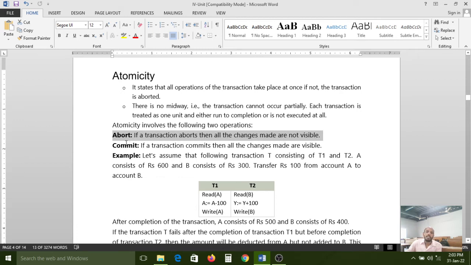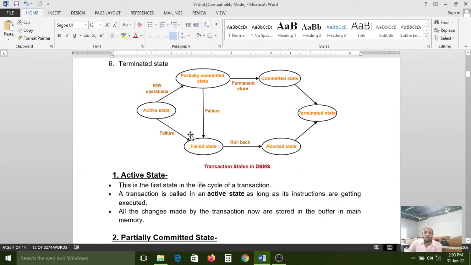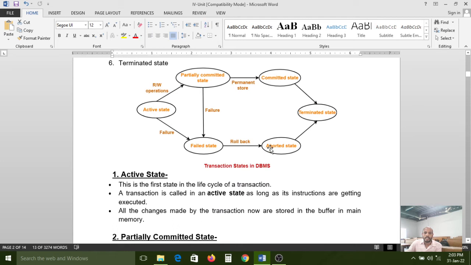Carefully observe here. Where is the aborted state? After the failing state. If the active state is executing the transaction and anything goes wrong, like power failure, hardware failure, software failure, entering a wrong password, or the other account is not in active mode, then it goes to the failure state.